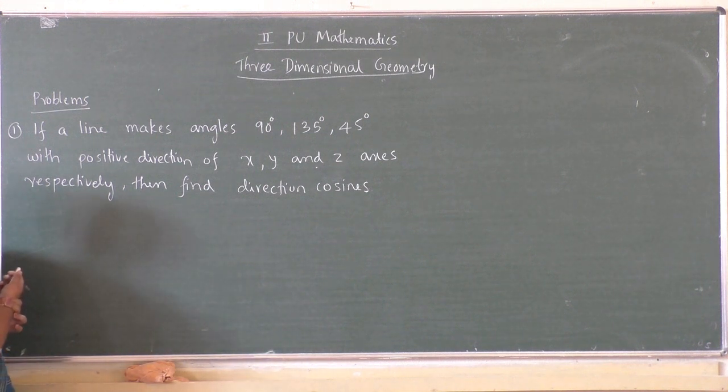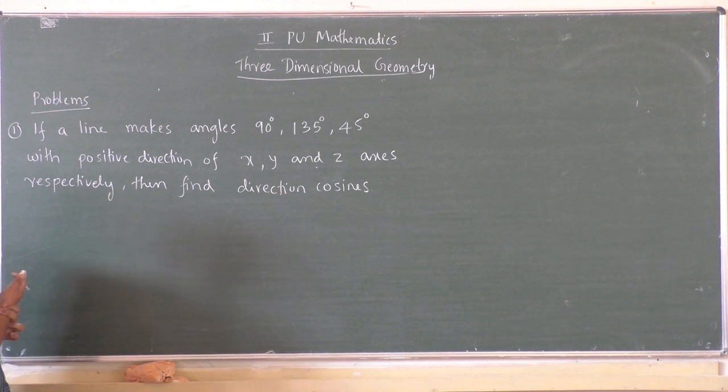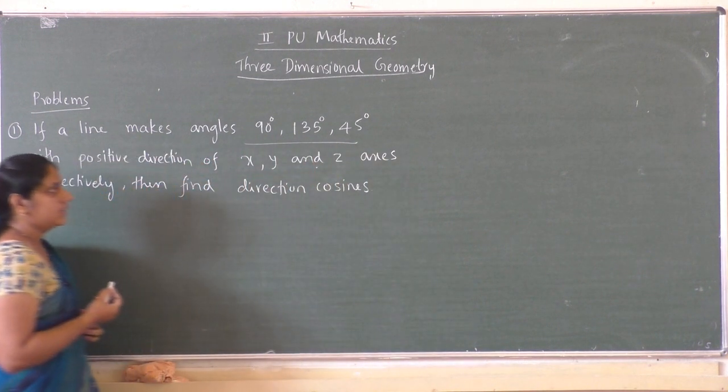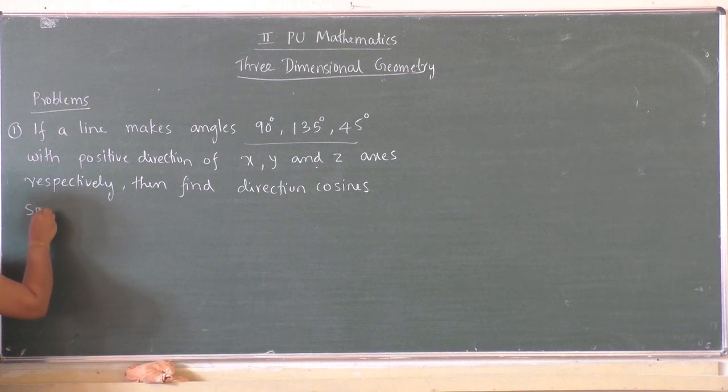See, what are the given data? We already know that the angle made by the directed line with the positive direction of x, y and z axis are called as direction angles. So here they are given the direction angles, right? Solution.